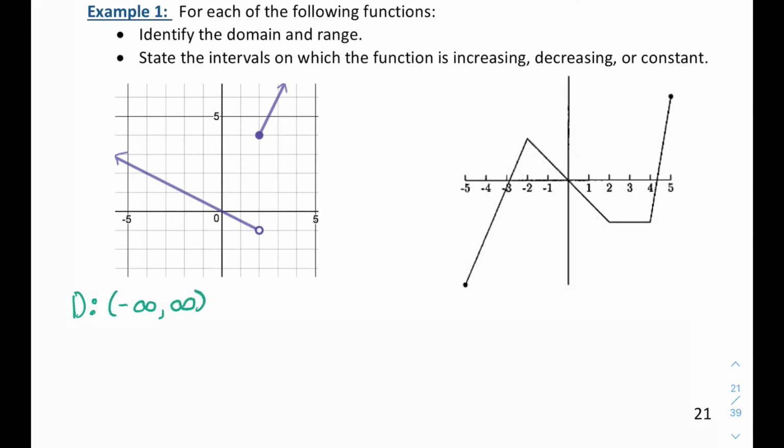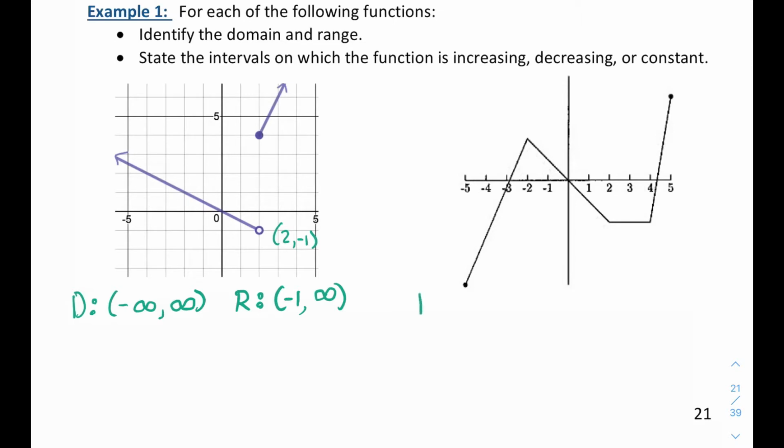For its range, the lowest y value that it reaches is at negative 1, and then my line's going upwards, hitting the y values larger than that. Actually, it has an open circle at negative 1, so my range is going to be parentheses negative 1 to infinity. And there are two pieces, but they both sort of overlap. The first one would continue up and include the second one.